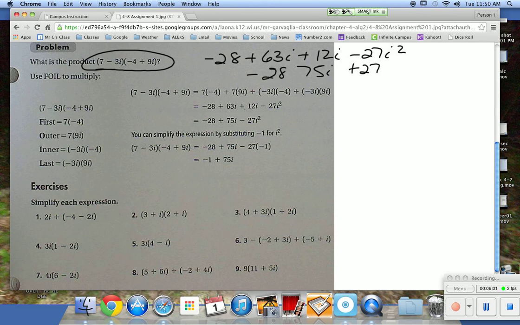Now I combine my negative 28 and my plus 27 and I come up with 75i minus 1. I've just reduced this right here to 75i minus 1, which if you look, they got reversed around the other way. But you see what we did? Knowing that i squared equals negative 1, we can calculate that.